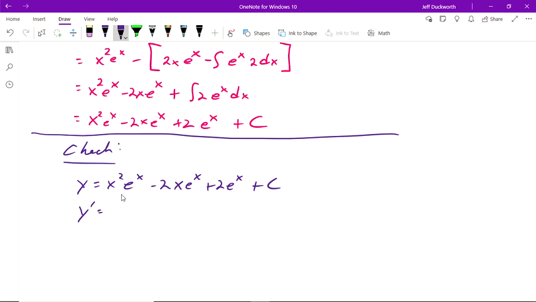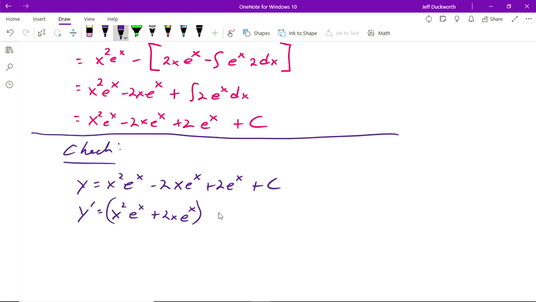This one, the x squared e to the x will require a product rule. So first times derivative of the second is just e to the x again, plus derivative of the first, which is 2x, and then the second is e to the x. All of this in the parentheses there is a derivative of our first piece.